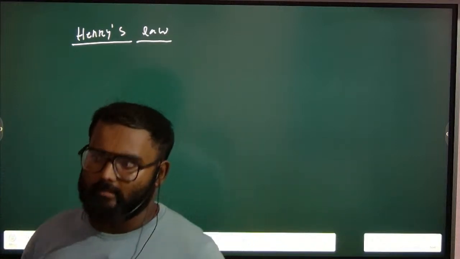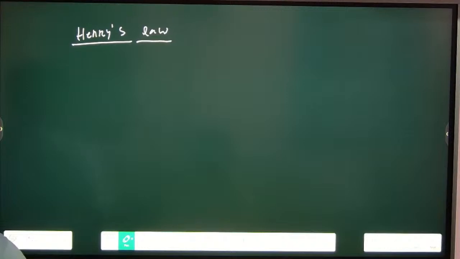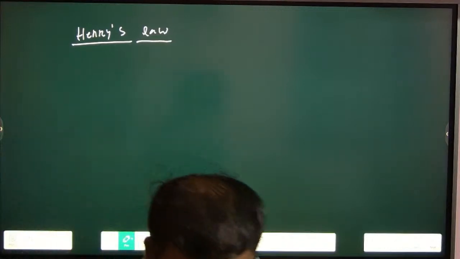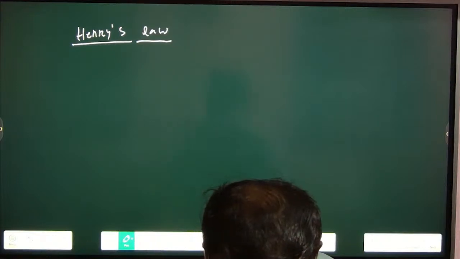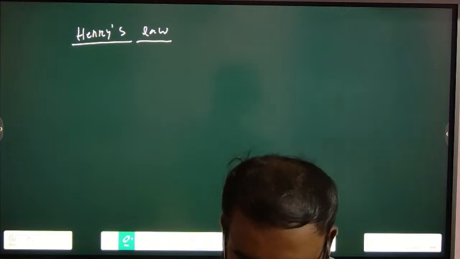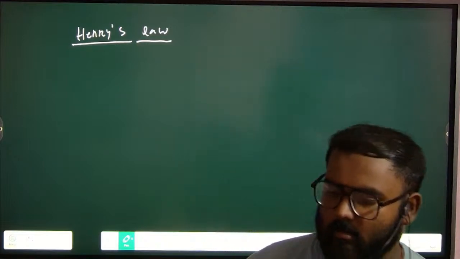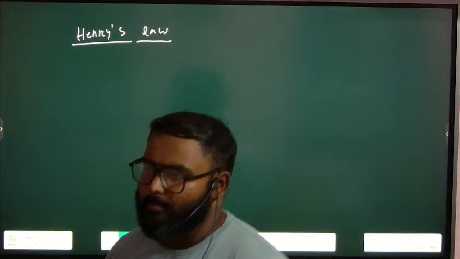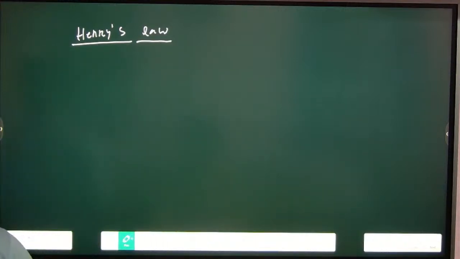And if the mass of gas increases, then the number of moles also increases. And if the numerator increases, then the whole fraction is increased. That means mole fraction is increased. So pressure is directly proportional to what? Clear? This is known as Henry's law.